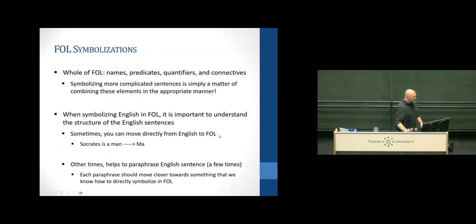Sometimes you can move directly from English to FOL. Socrates is a man, and we've got a straightforward mapping. Other times, it's going to be useful to paraphrase the English a few times to get it into a structure that makes it very clear. Each paraphrase in English is going to hopefully move us closer and closer to something where it just sort of wears its structure on its sleeve.